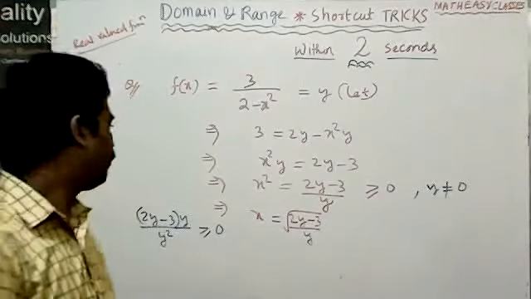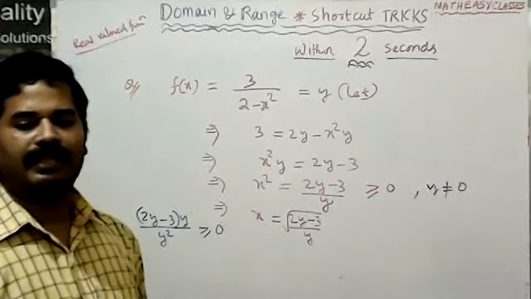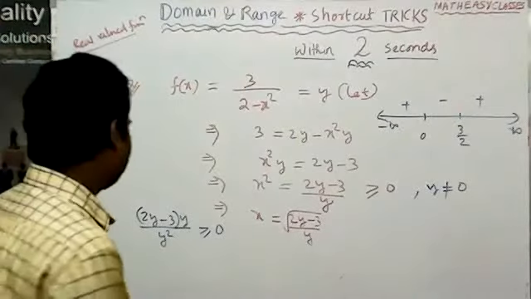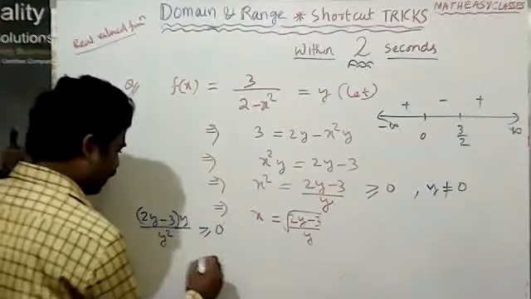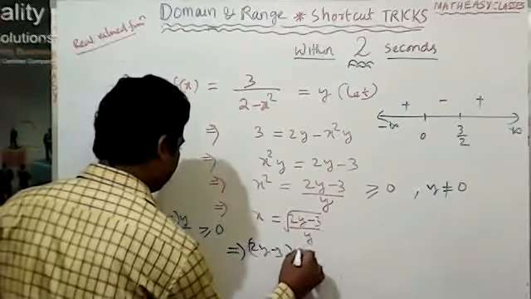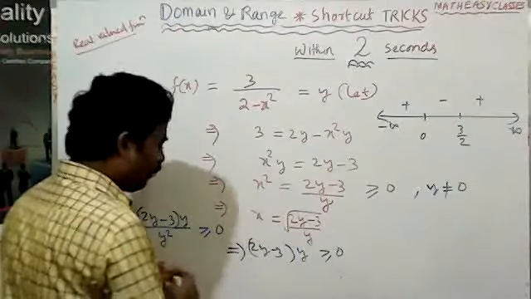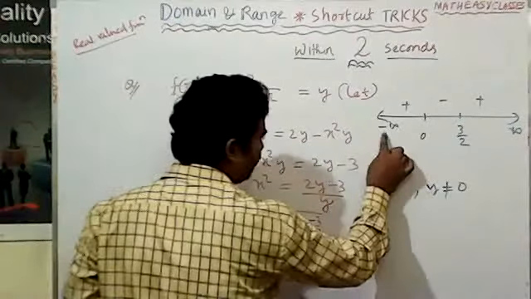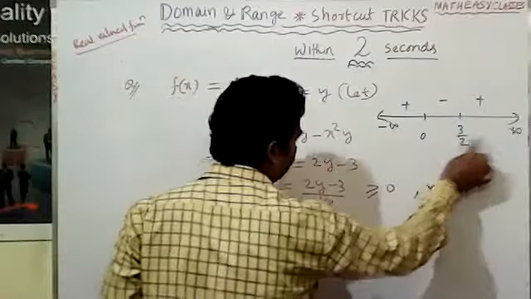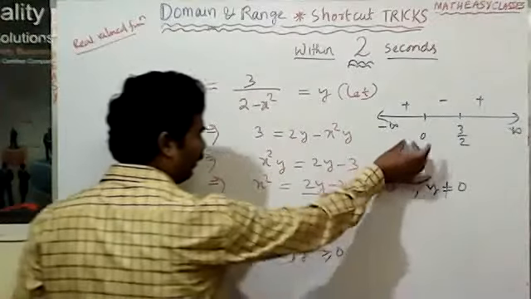Now you take it, whatever value inside: minus infinity to 0, and 3 by 2 to infinity. We take it equal to 0, so we get the point 0.